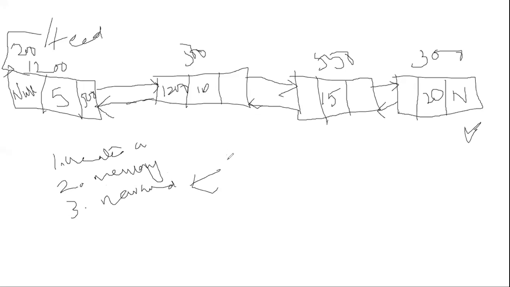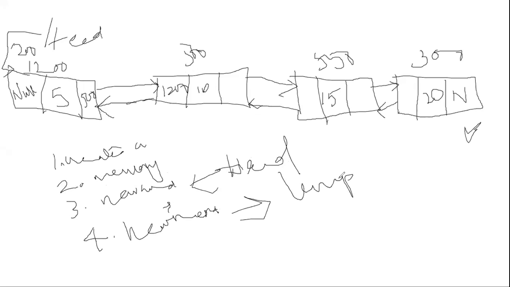Next, the new node's next should equal the temp node. Then the previous link should point to the new node. So these many steps I have to do when you are going to add the node at the beginning.